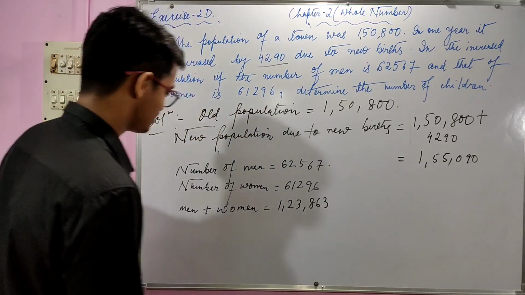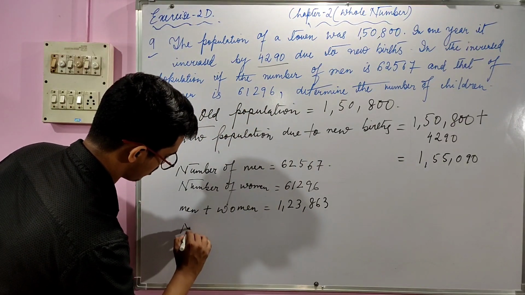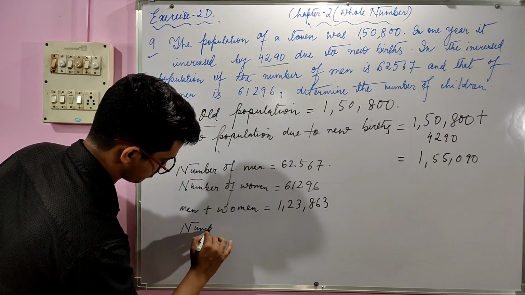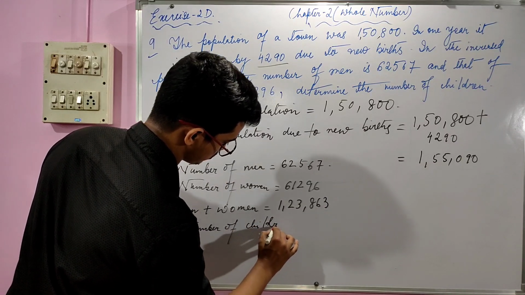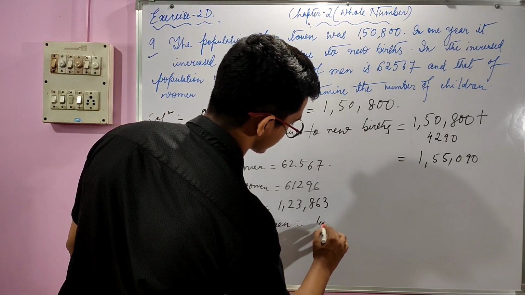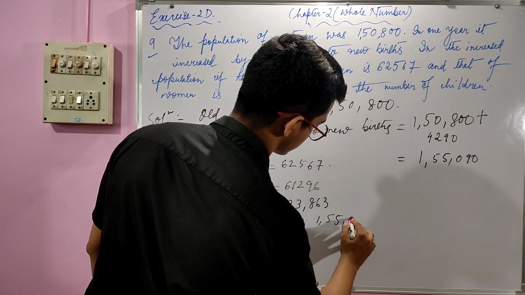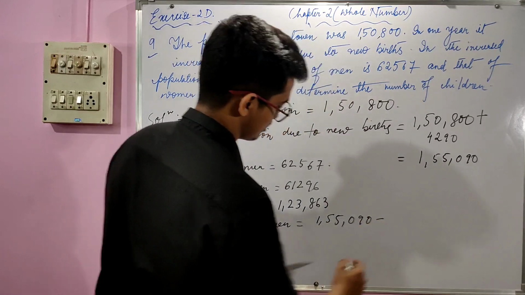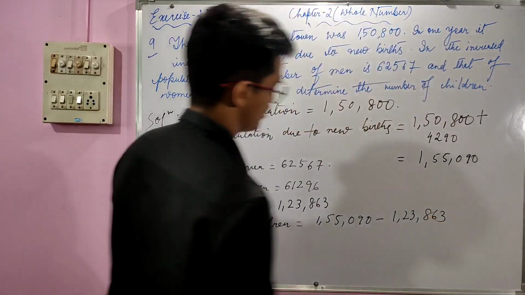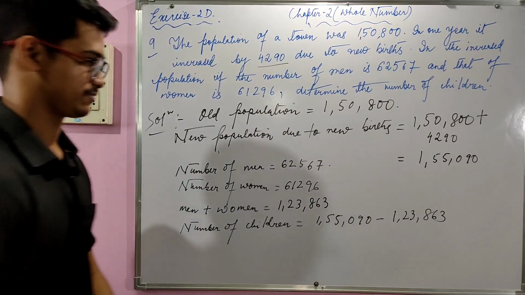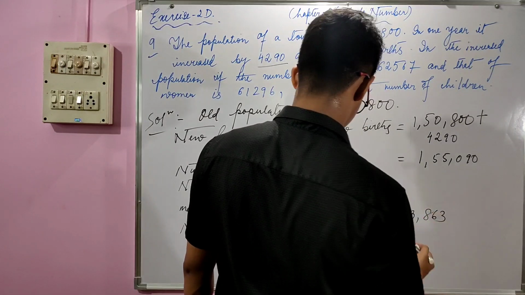It is very easy. Just write: number of children is equal to 1,55,090 minus 1,23,863. And simply do this subtraction.